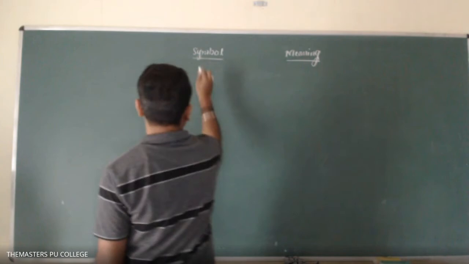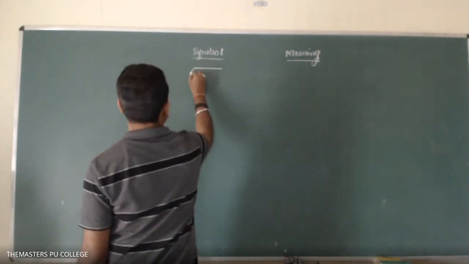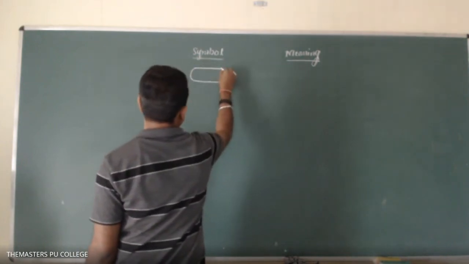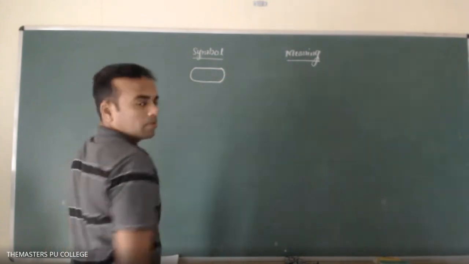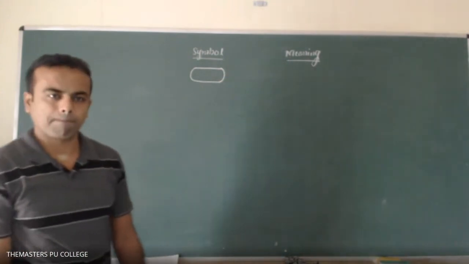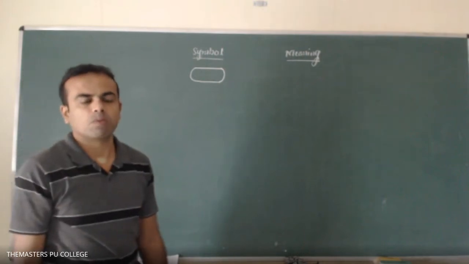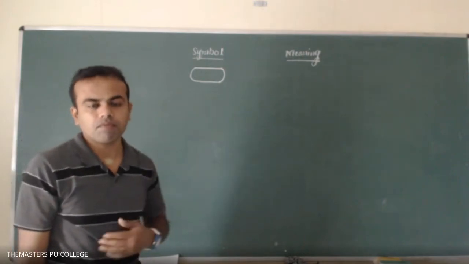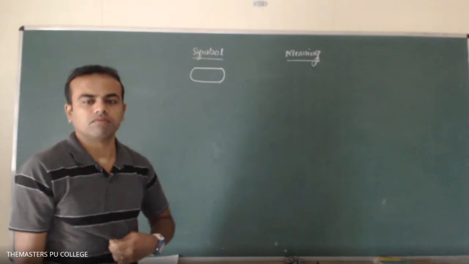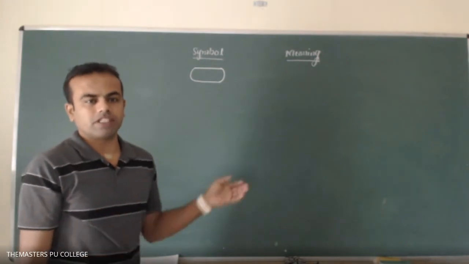So first of all, what is this shape? What do we call this? Which shape is it?